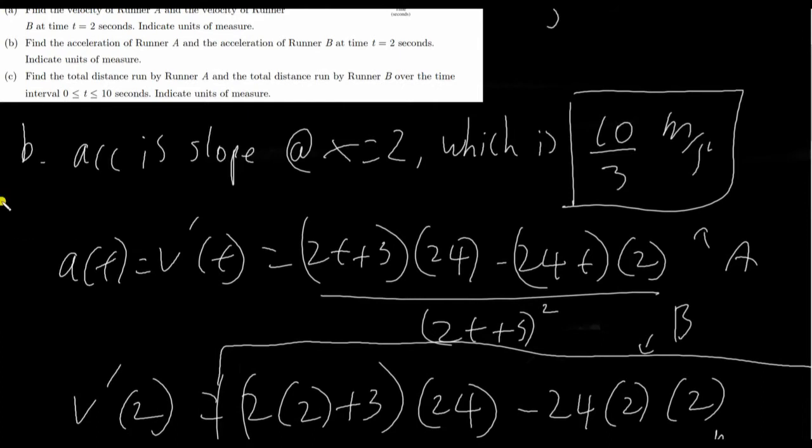Okay, let's look at part C. We have to find the total distance run by runner A and the total distance run by runner B over the time interval 0 is less than or equal to t is less than or equal to 10 seconds. Indicate units of measure again. For part C, the total distance run by runner A is going to be the area under the velocity-time graph.